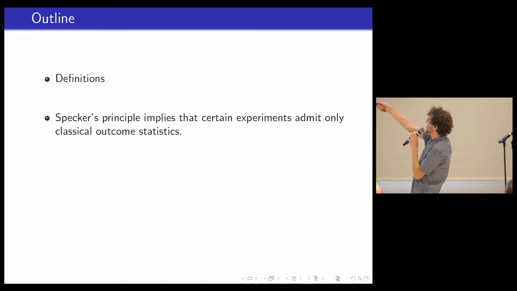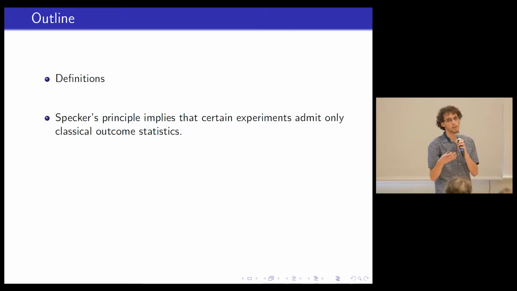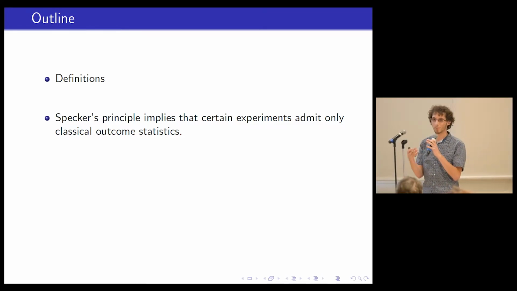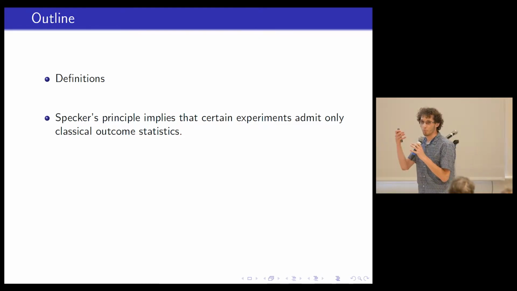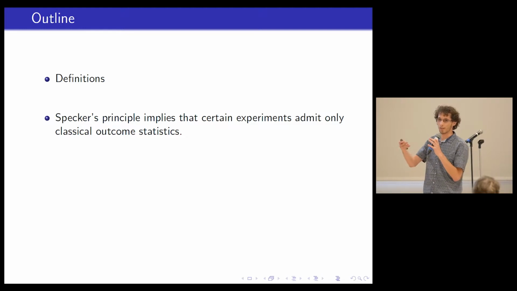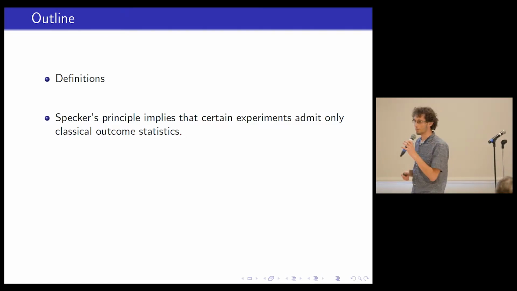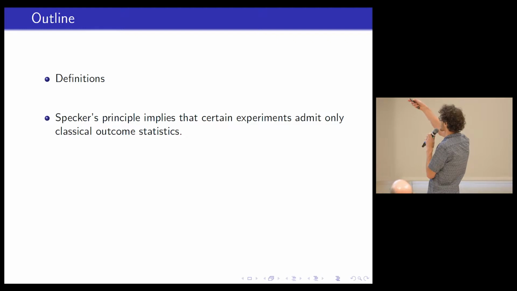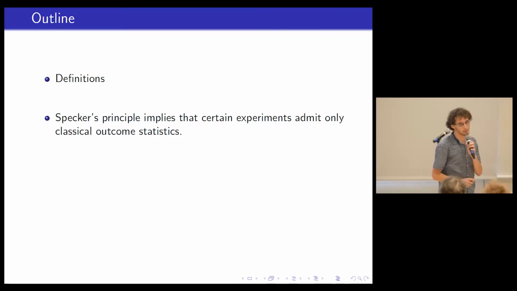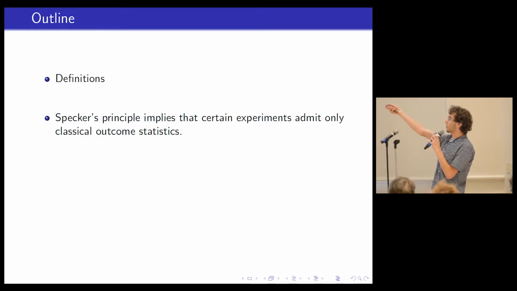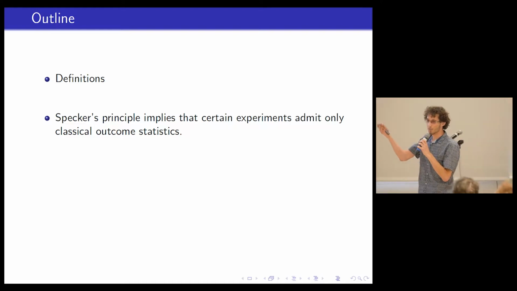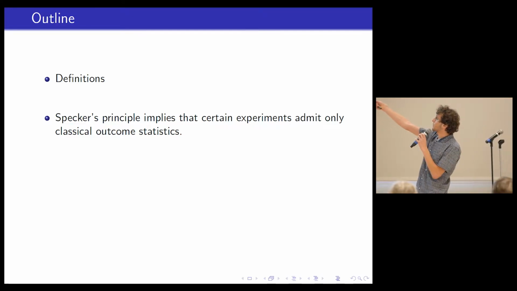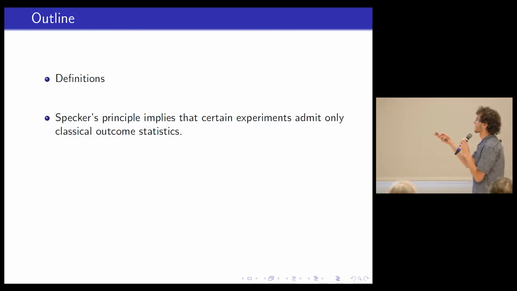We will show that Specker's principle has some consequences for certain experimental scenarios, in particular for the probabilities of certain outcomes that you can get in some experiments. And in particular, we will show that in certain kinds of experiments, only classical outcome statistics will be allowed, and I will explain what that is, as long as we want to satisfy Specker's principle.